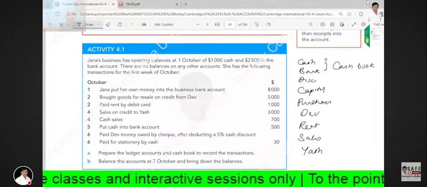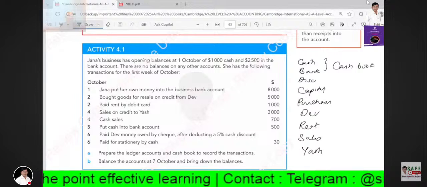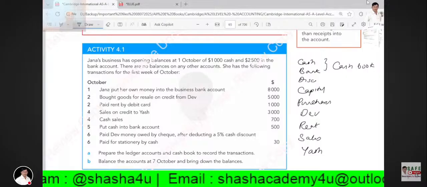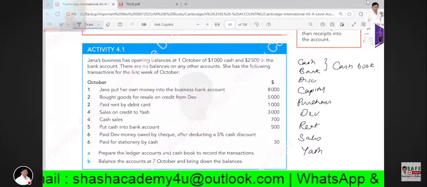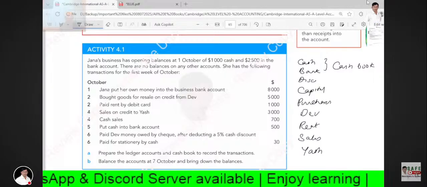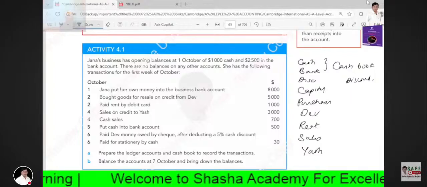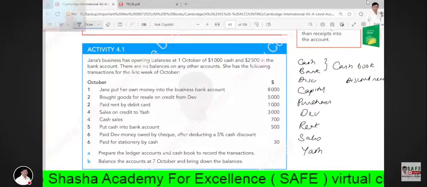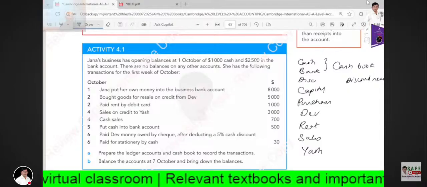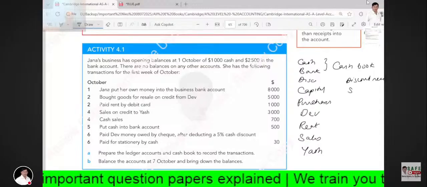Paid cash into bank account, contra, so that will go to cash book itself. Paid Dev money owed by check after deducting 5% cash discount. So you have paid, so you have received discount. So discount received account, and Dev and bank, that is already paid. Paid for stationery by cash, stationery account.